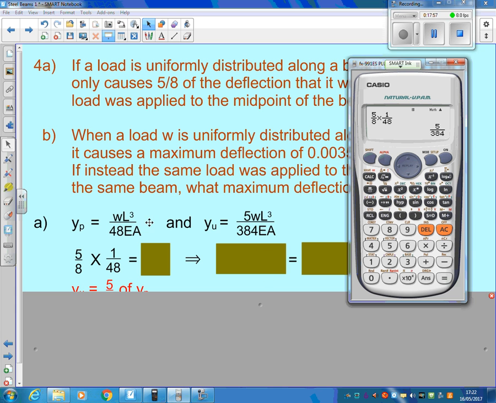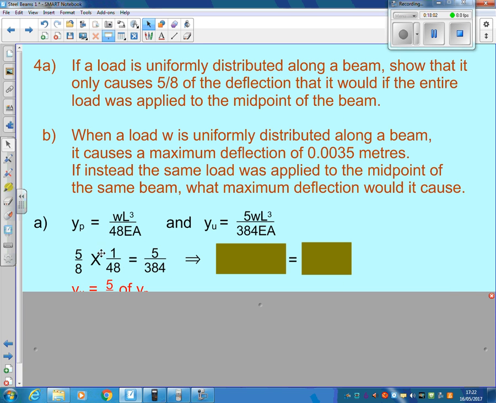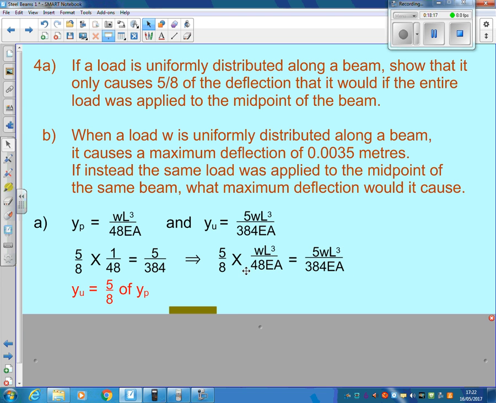So basically 5/8 of that is equal to that. So 5 over 8 times 1 over 48 is 5 over 384, which means that 5/8 times all of that is equal to that. So basically it's saying that your yu value is 5/8 of your yp value. Let's have a look now at the next bit, part B.